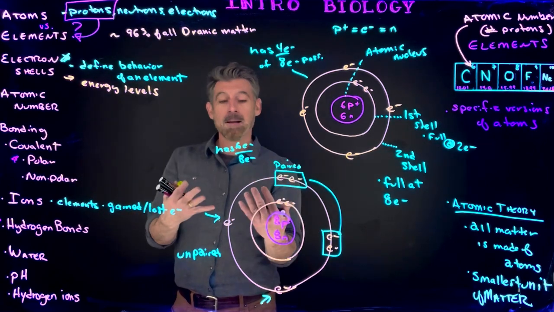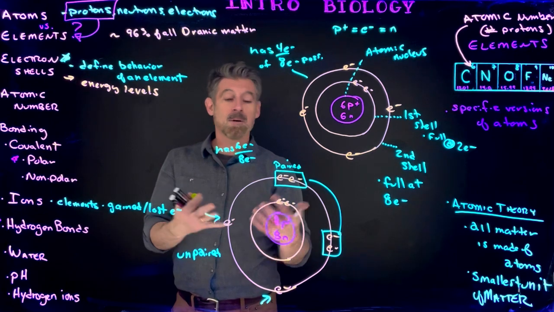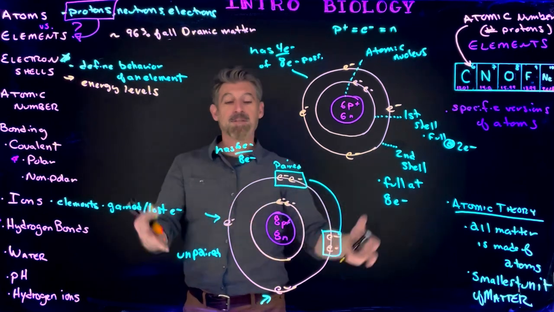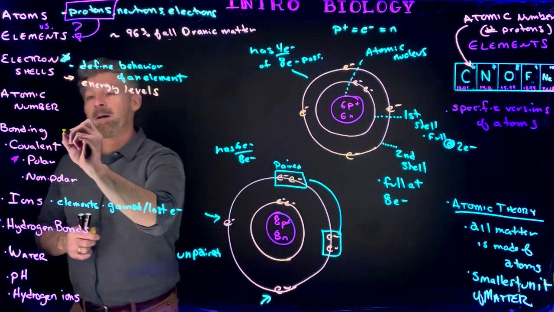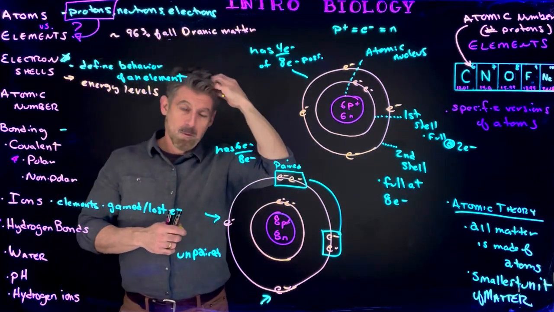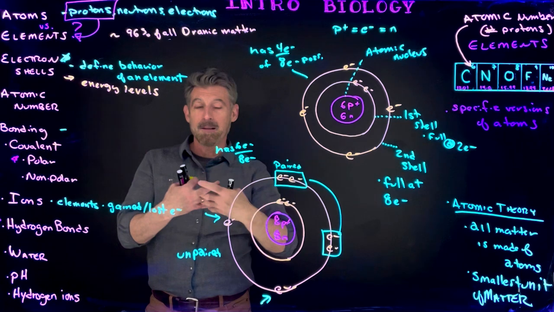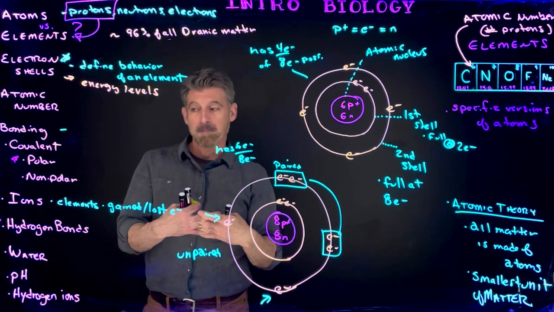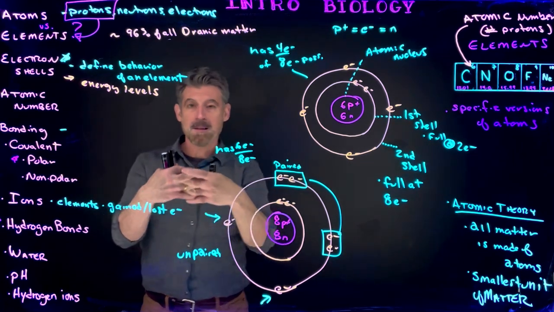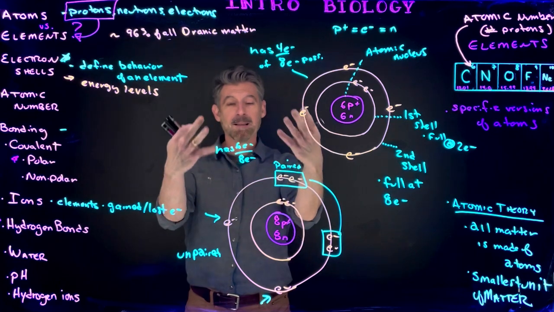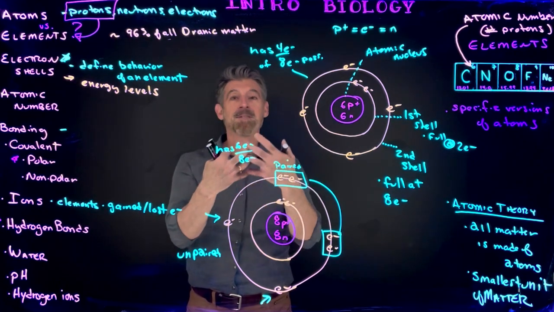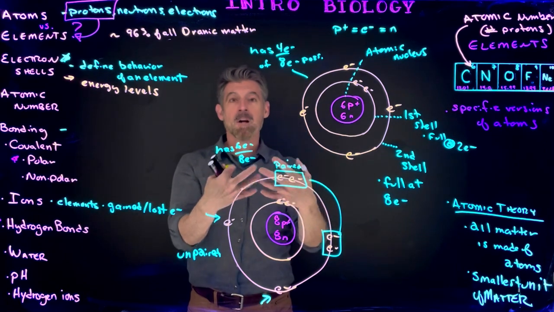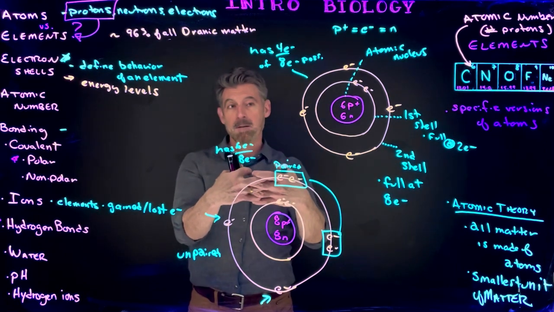What are they going to try and do in their interaction? Well, they're going to try to form the pairs, and they're going to try to fill this shell. This is related to bonding. Elements will form bonds or links with other elements. The reason they form bonds is because the electrons are trying to form these pairs. Right? The elements themselves are trying to fill their outer shells.